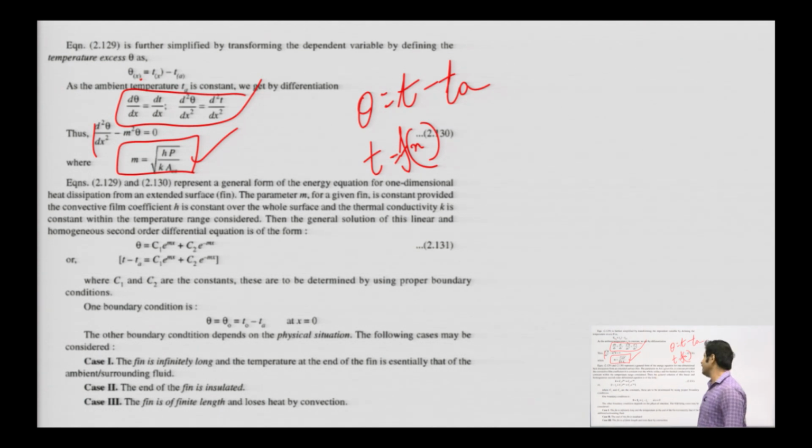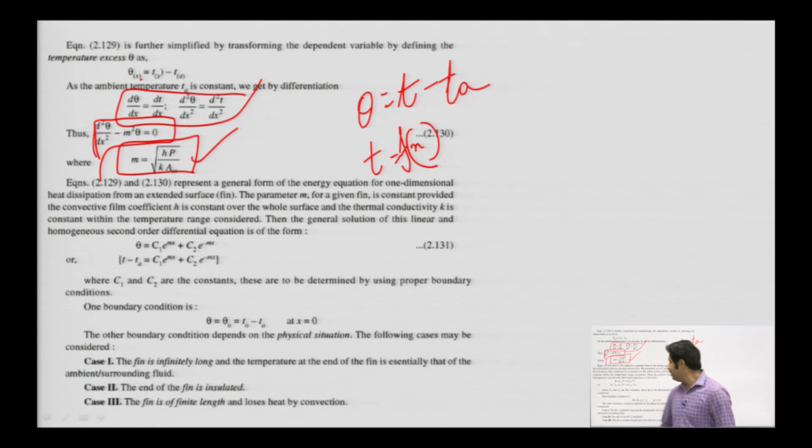The parameter m for a given fin is constant, provided the convective film coefficient h is constant over the whole surface, and the thermal conductivity k is constant within the temperature range considered. Then the general solution of this linear and homogeneous second order differential equation is of the form: you have already been taught the general solution of second order differential equations.